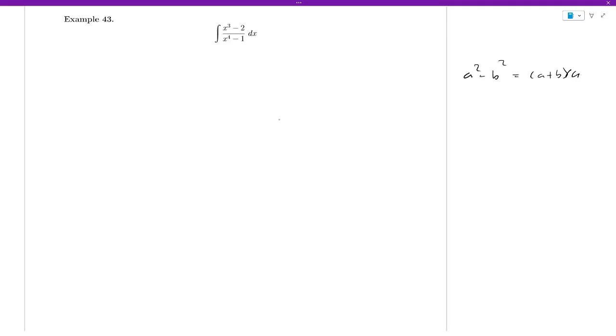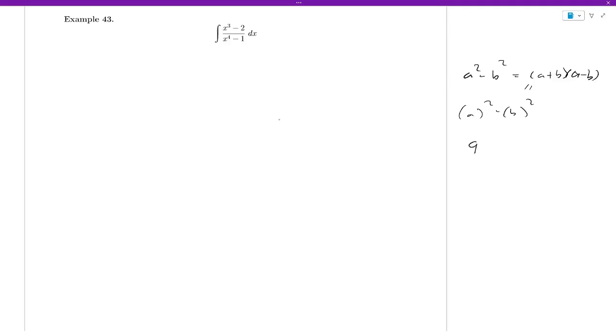We said that if you ever have a plus b times a minus b, then when you multiply that out, you get a squared minus b squared. So that's a good algebra thing to have in your pocket, because whenever you see something squared minus something squared, I can always factor it as a plus b and a minus b, even if it's not obviously written like this.